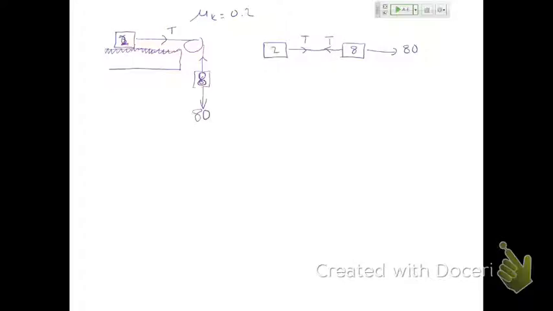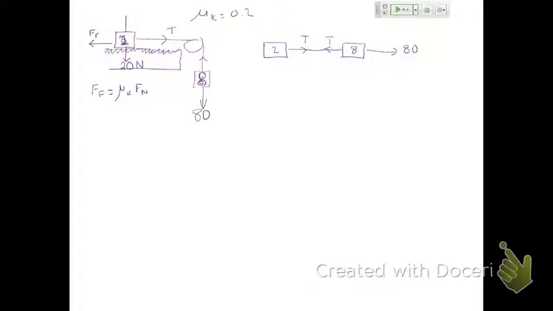Now, there is a backwards force of friction because it's a friction-filled interface, but I don't know its numerical value. So I need to figure it out, and I know that FF is equal to mu k times Fn. Looking at this, the downwards weight on that 2 kilogram mass is 20 newtons.